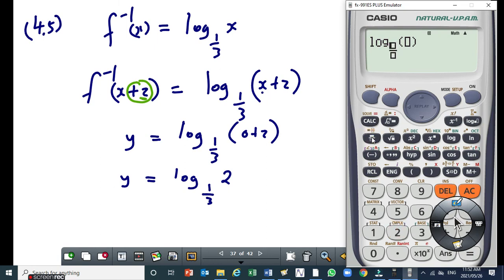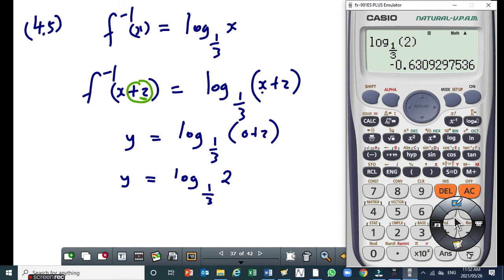So that would be 1 over 3, right, of what? Of 2. So we'll get minus 0.63. Okay? Minus 0.63. Now, this minus 0.63, that will be the value of y where x is 0.